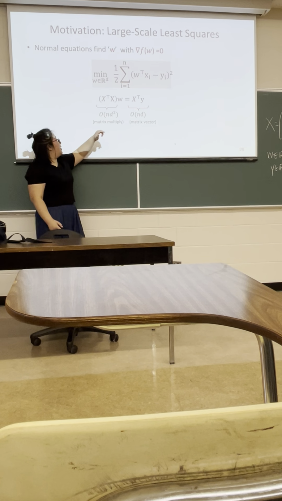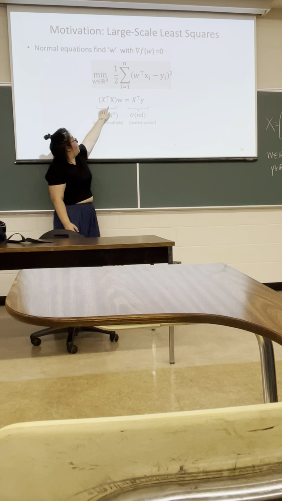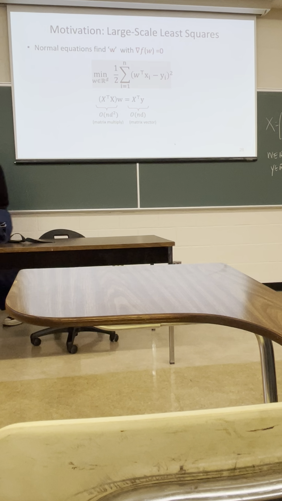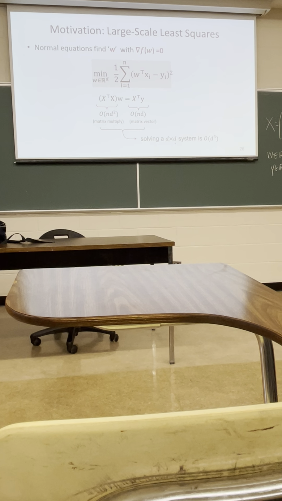The second one is the matrix multiplication, which is n multiplied by d squared. And then you solve the linear system. Typically, for any d by d system, the complexity is big O of d to the power of 3.